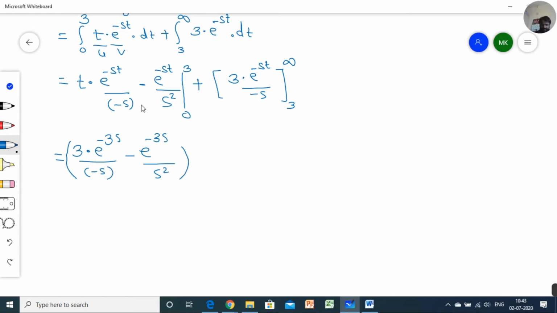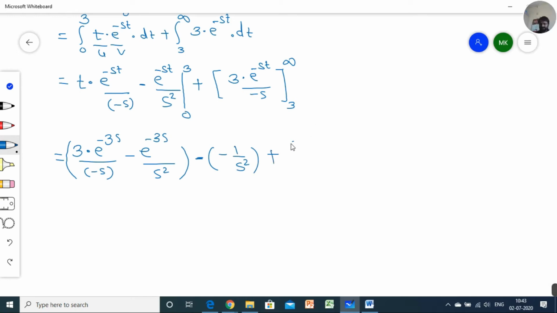This is the upper limit of the first part, minus the lower limit. While substituting the lower limit 0, this part becomes completely 0, and this becomes 1 by s square, with the minus sign kept as it is, minus 1 by s square. So that is the first part, upper minus lower.